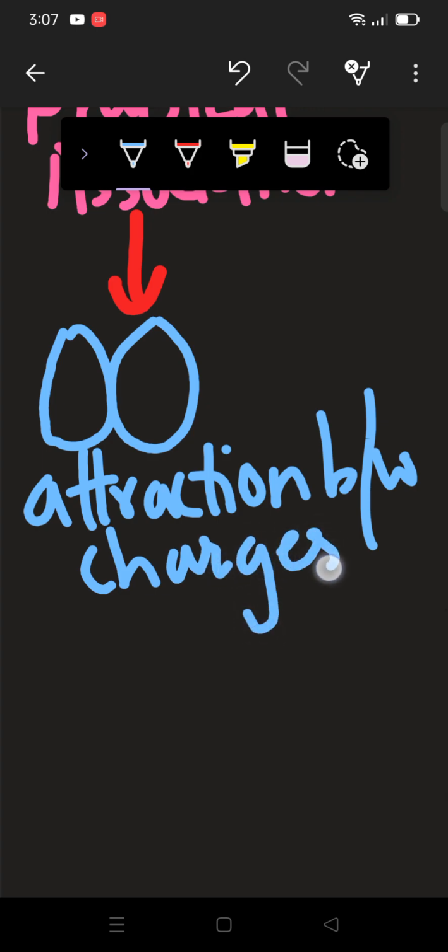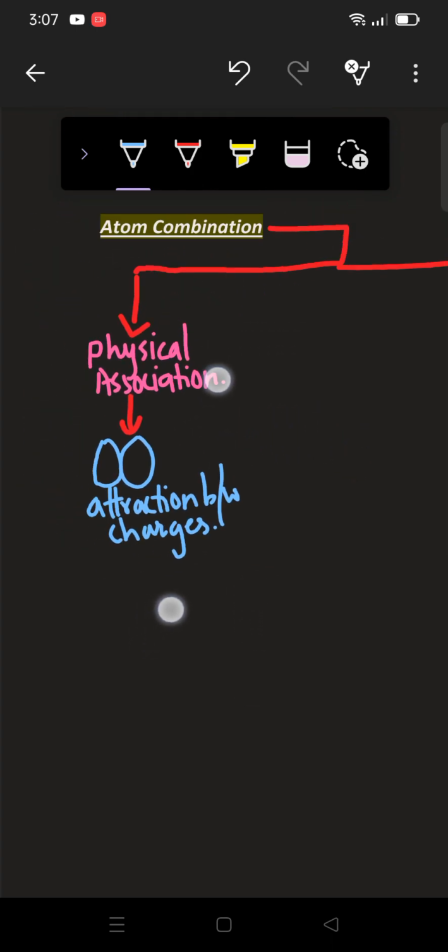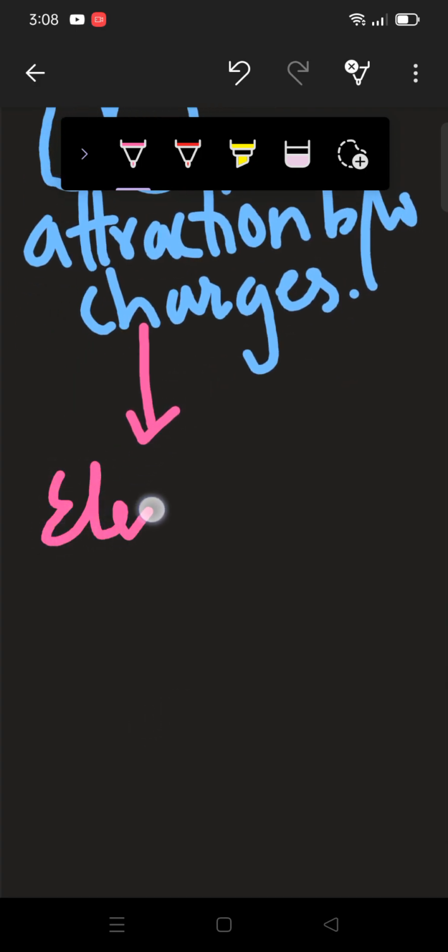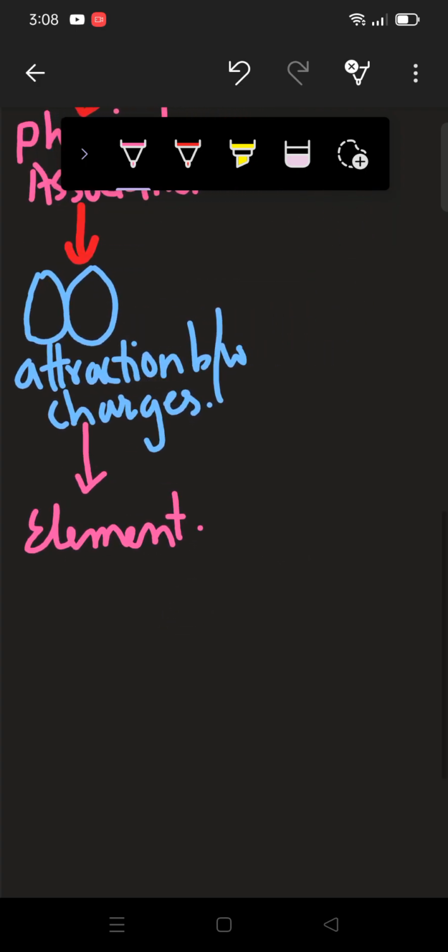So when there is an attraction between the charges of the atoms and they are combined together in the physical association, we need to call both these atoms an element. When two atoms combine together physically, with an attraction between their charges, they form the element.